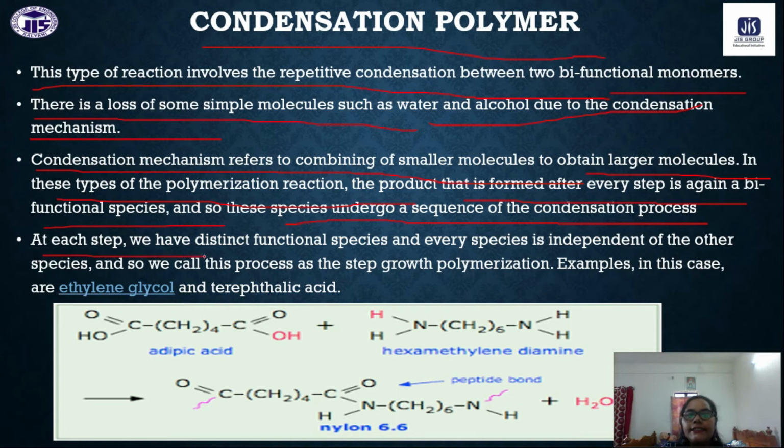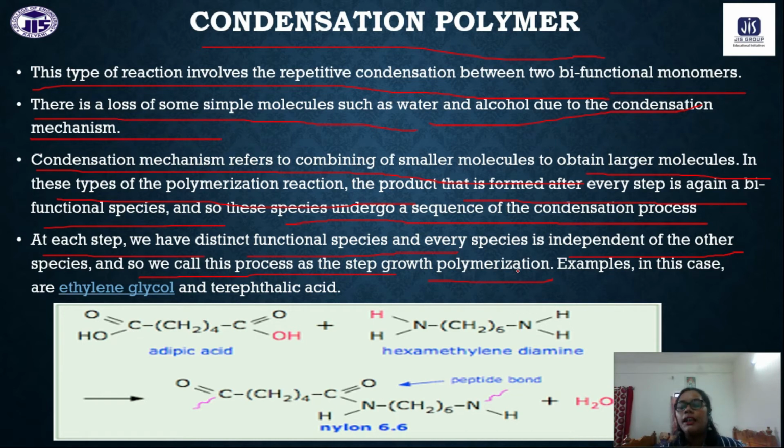At each step we have distinct functional species. Every species is independent of the other species, so we call this process step growth. For addition polymerization we have chain growth, and this is step growth polymerization.